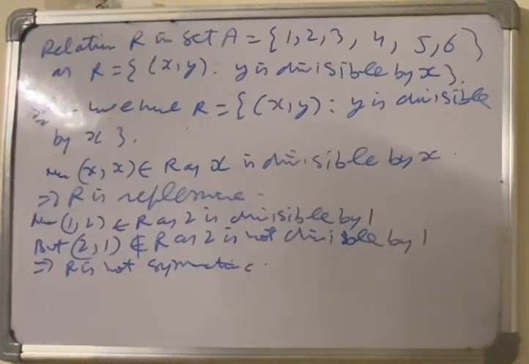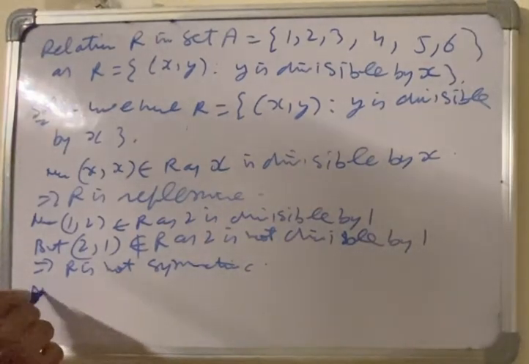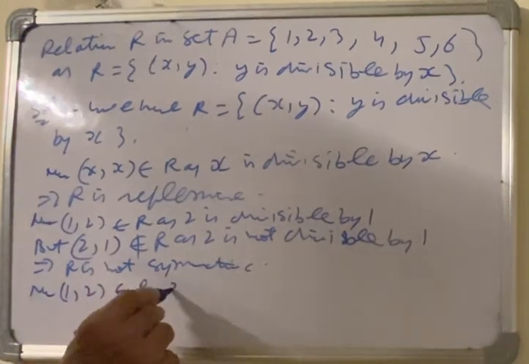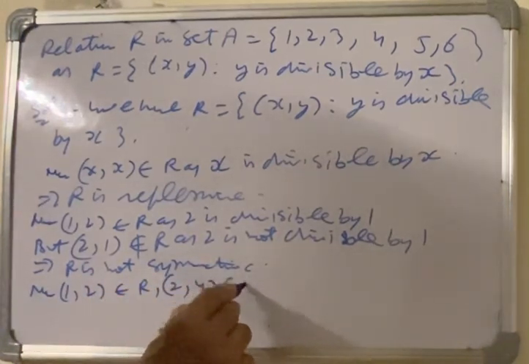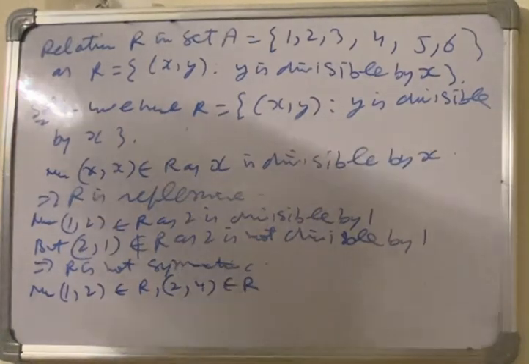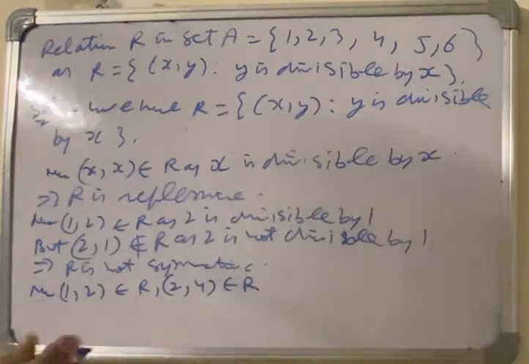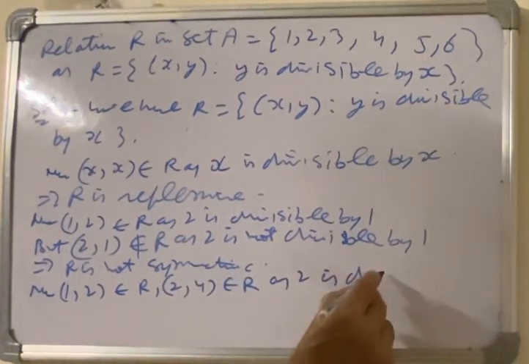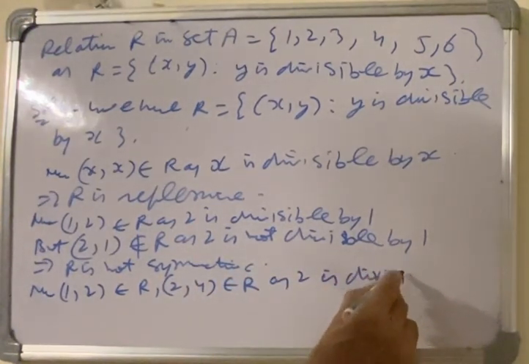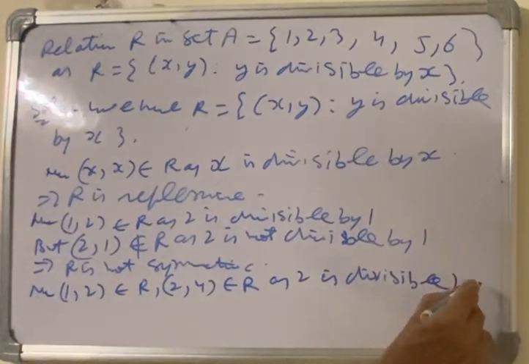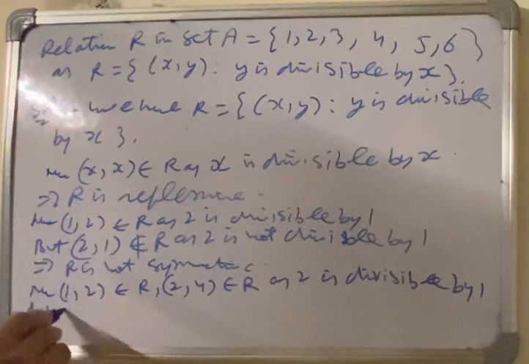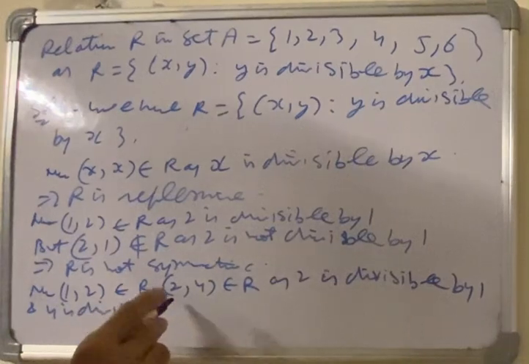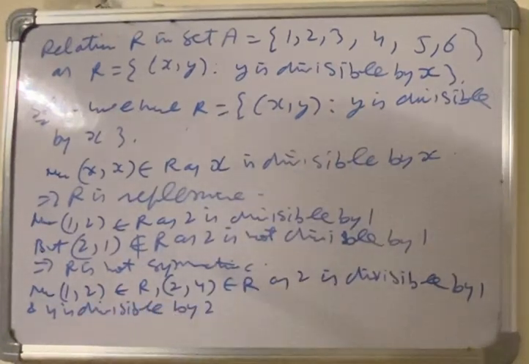Then we have now (1, 2) belongs to R, (2, 4) belongs to R, as 2 is divisible by 1 and 4 is divisible by 2.